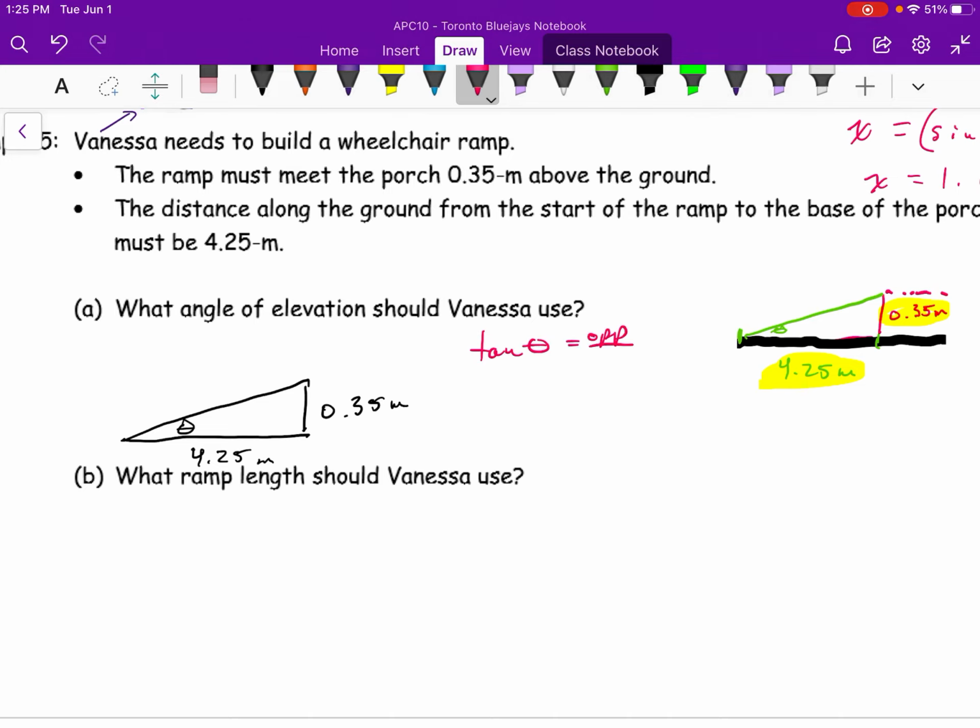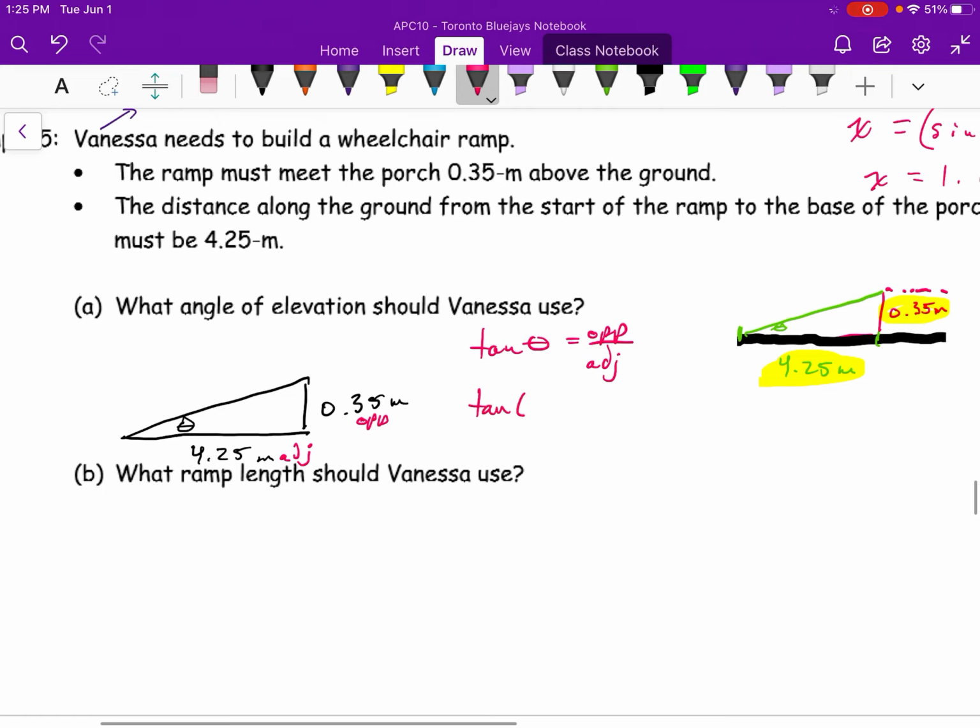So again, we can see that we're going to use the tangent ratio. Tangent is going to be opposite over adjacent. How was I able to spot that very quickly? Well, because we're not going to use the hypotenuse. This side would be opposite, this side is adjacent. Now, from my picture, we're able to see that my angle of elevation should be fairly low.